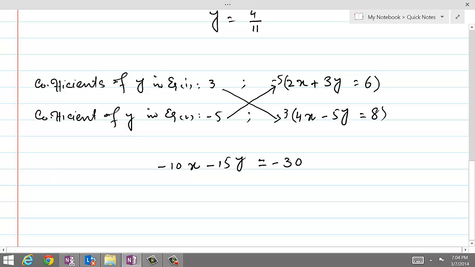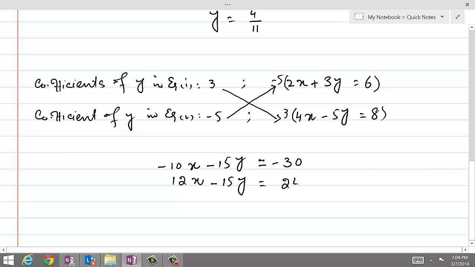So that is equation number 1 now, and the second equation will become plus 12x minus 15y equal to 24.